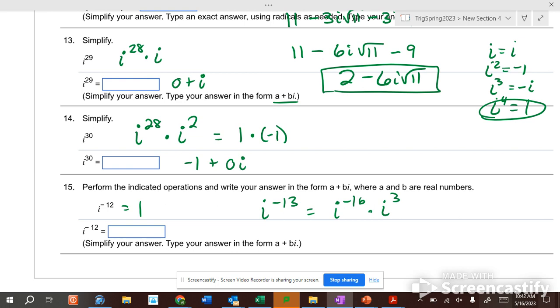So I to the negative 16th is a multiple of 4. That would be 1. And I to the 3rd is negative I. So that would be negative I if we had I to the negative 13th. Okay? That's how that works.